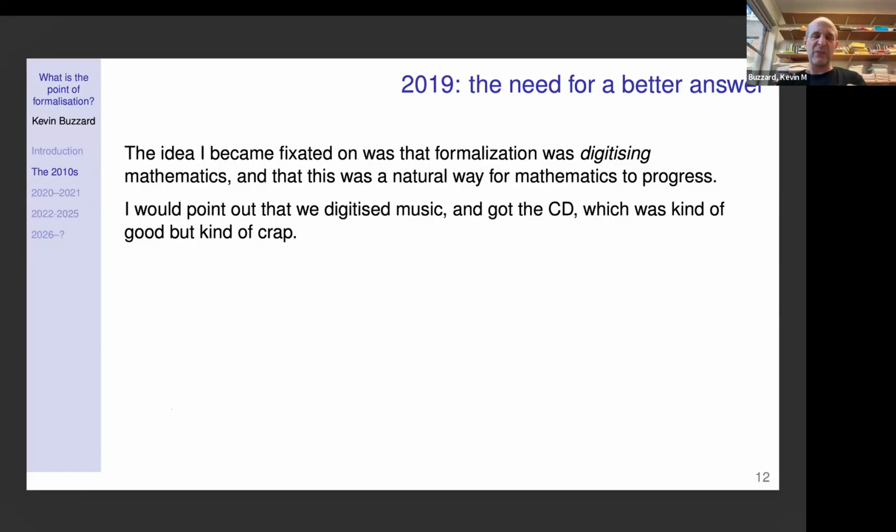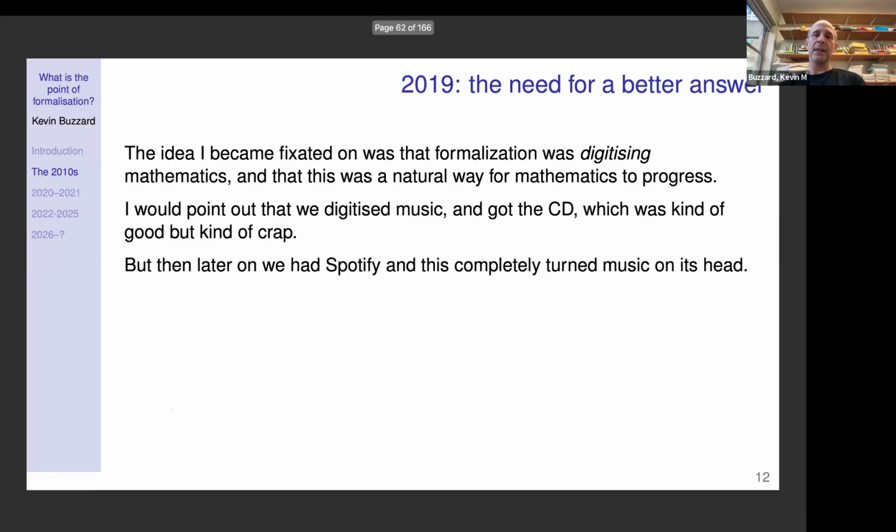CDs were fiddly and annoying, and the artwork wasn't as good as vinyl. CDs were not a great selling point for digitizing music. But then Spotify and other things came along, and Spotify completely turned the music industry on its head, right? Now lots of people have Spotify, and that's the way I consume essentially all my music now.